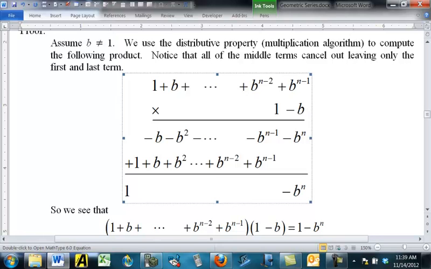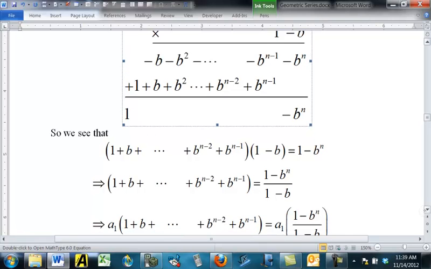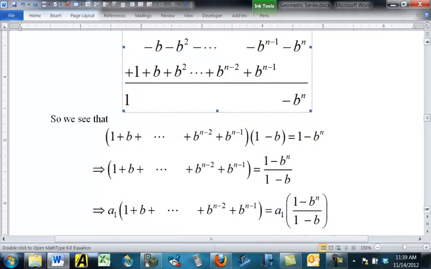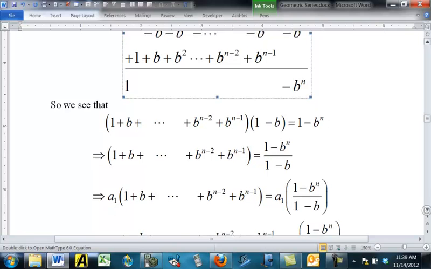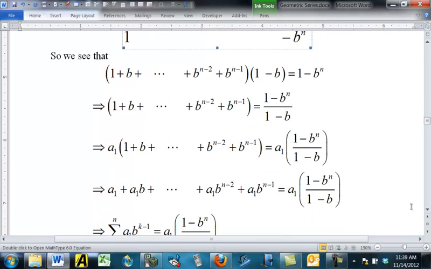So down here we have 1 plus b and so forth up to b to the n minus 1, times 1 minus b, turns out to be 1 minus b to the n. Now we're going to divide both sides by 1 minus b to get this version here. And now we're just going to multiply by the first term, a1, to get this. And when we distribute on the left, we get a1 plus a1 times b plus a1 times b squared and so forth.